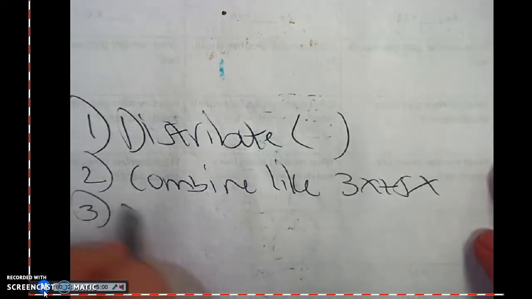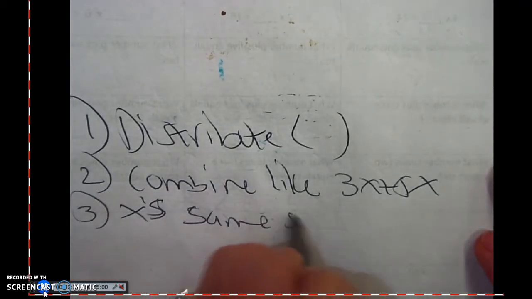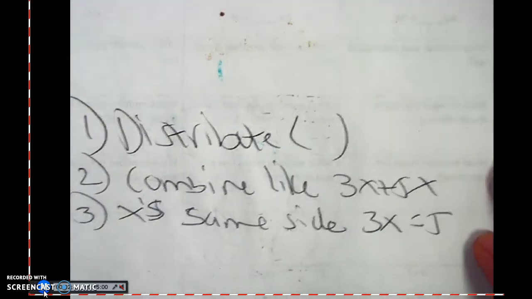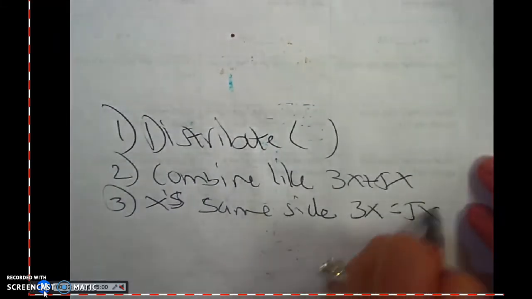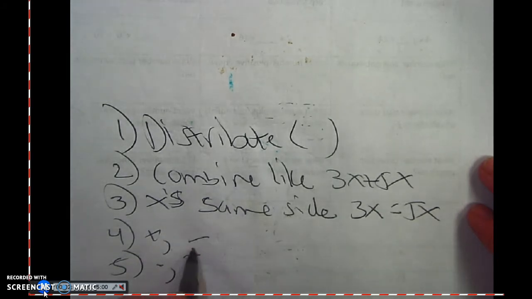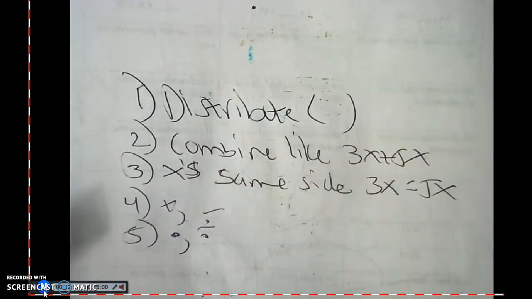And then get the x's on the same side. That's when they're set equal to each other. Let me move that back a little bit. Step 4, add, subtract. Step 5, multiply, divide. Now, this is really only when it gets to the hard ones, but it's nice to know the order.